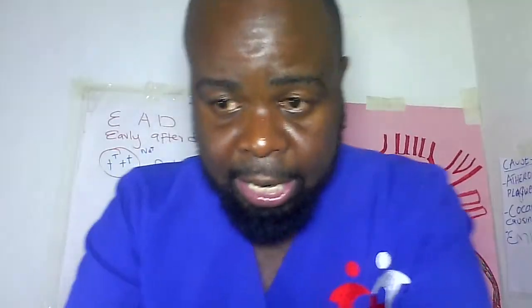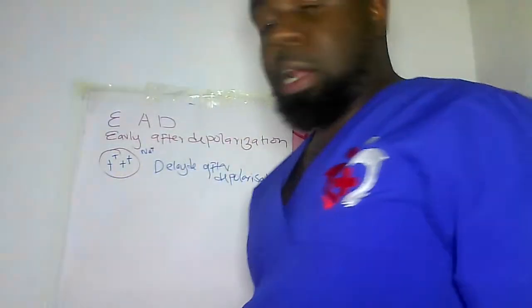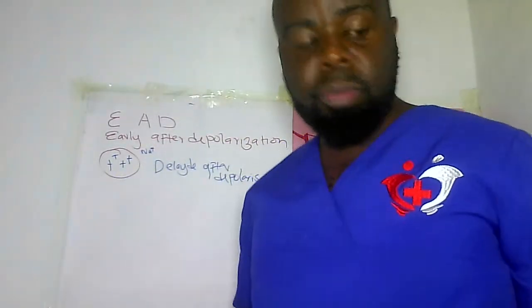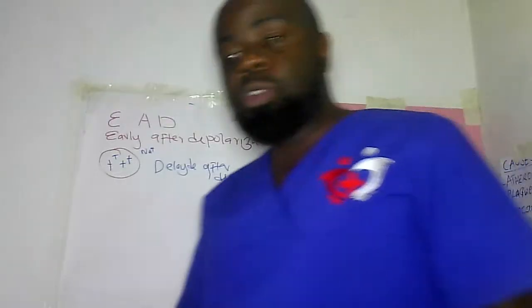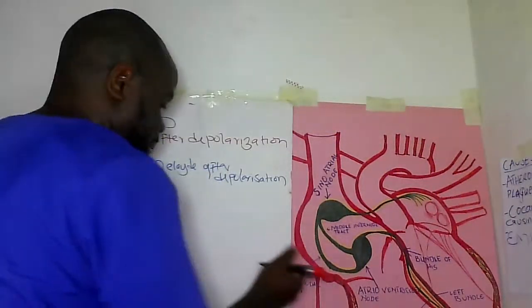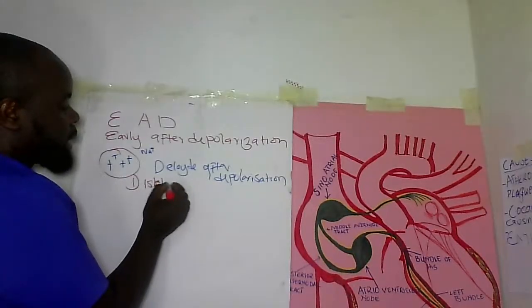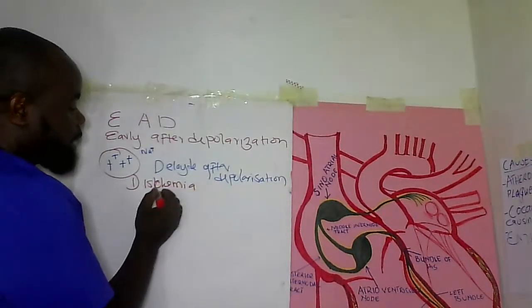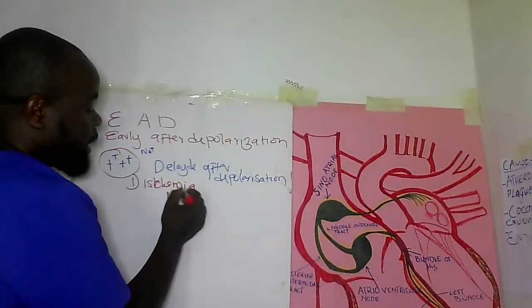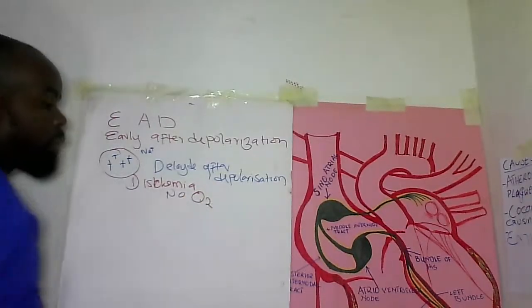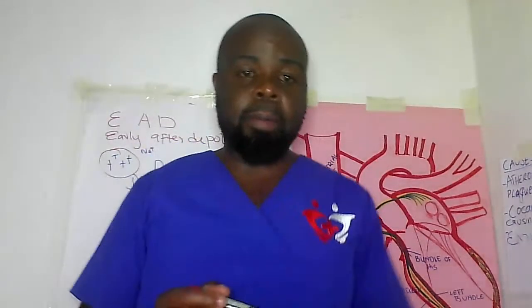So things like ischemia. What can make the impulse of the heart delay? One is ischemia. Ischemia is lack of oxygen.